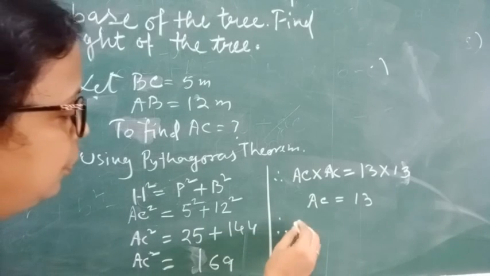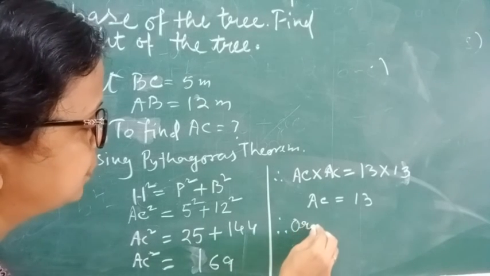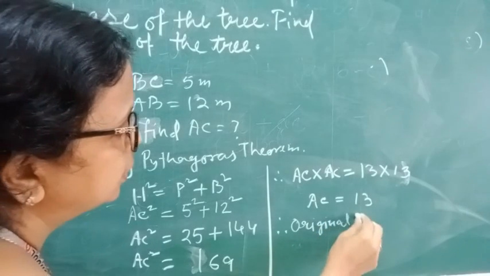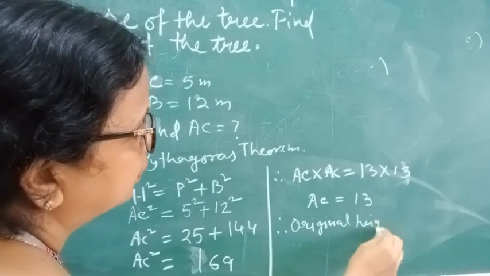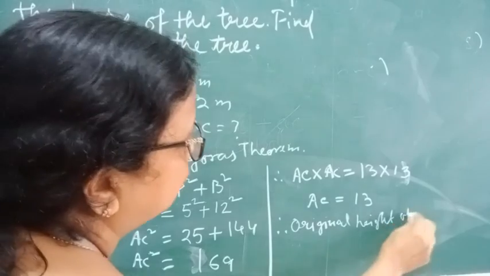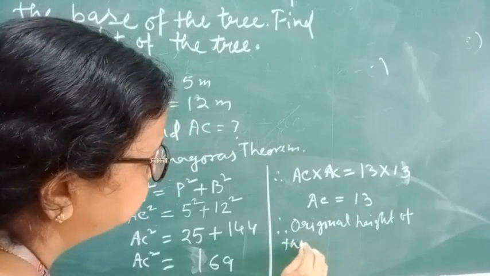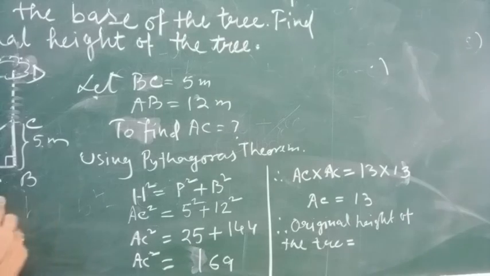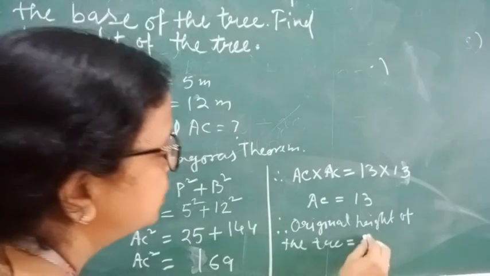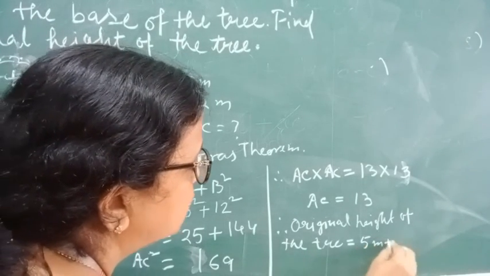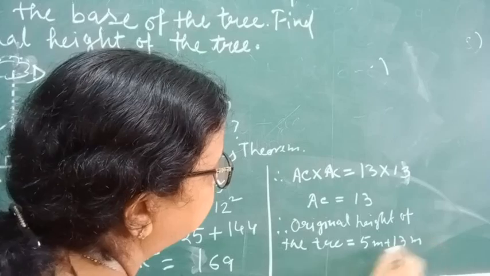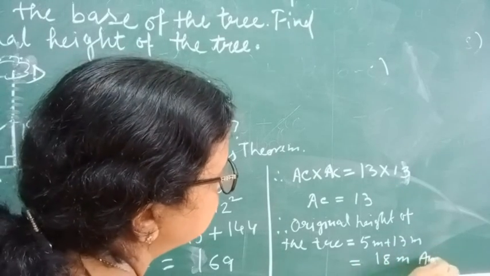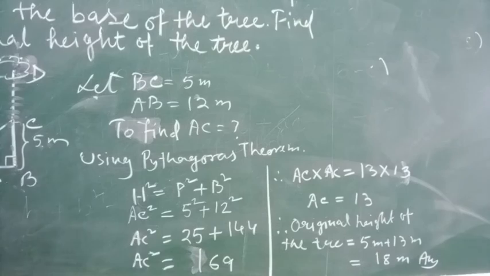Therefore, original height of the tree is equal to 5 meter plus 13 meter, it will be 18 meter. Understood? It will be 18 meter.